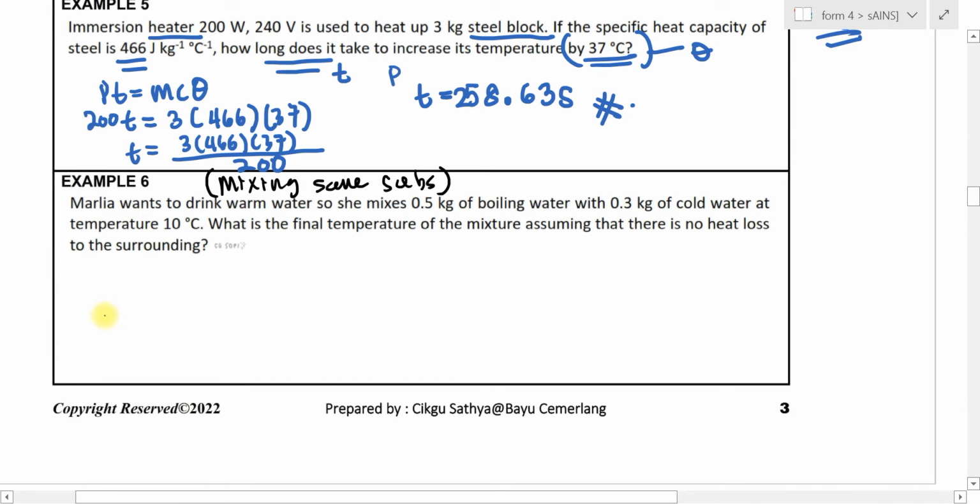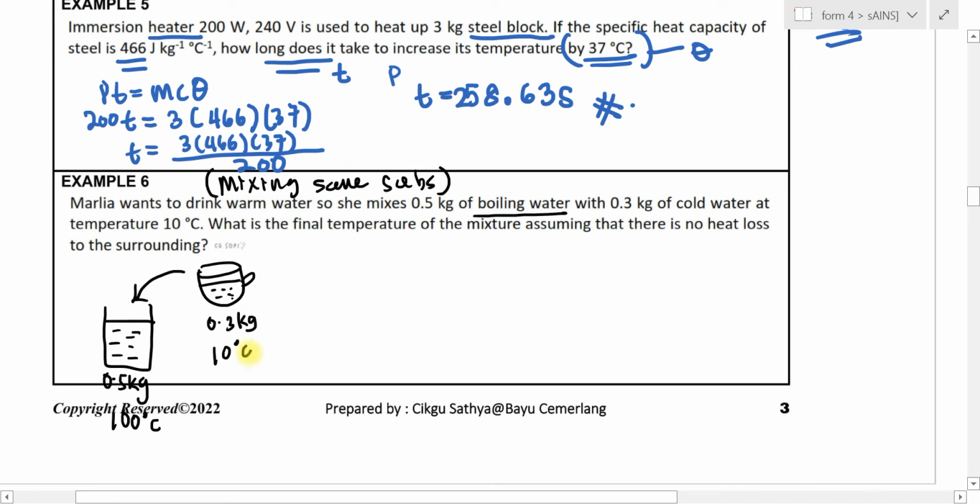For example, we have a beaker of hot water. Hot water is 0.5 kg, and it is boiling water, right? So boiling water should be 100 degrees Celsius lah. And then you add on a few cups of cold water. Cold water is 0.3 kg and it is 10 degrees Celsius.